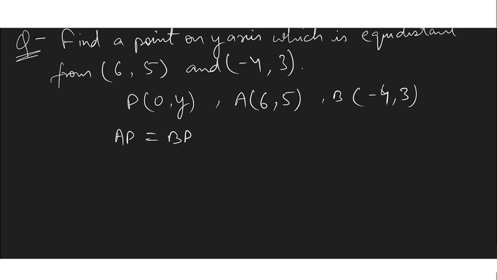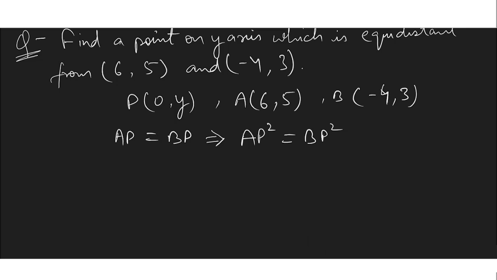Again, to remove the square root sign in the subsequent step, we can conveniently square the equation on both sides. AP square is equal to BP square.